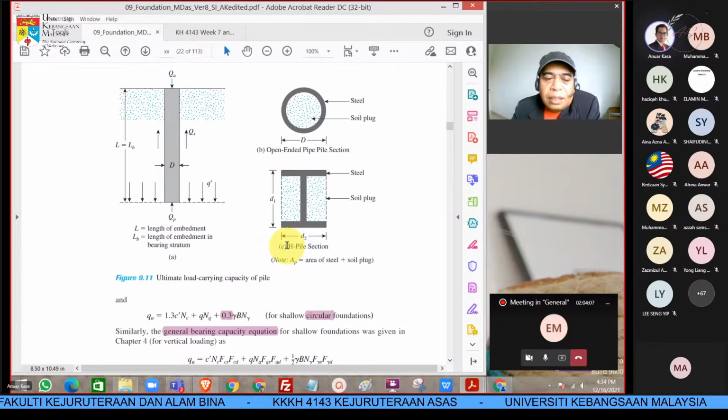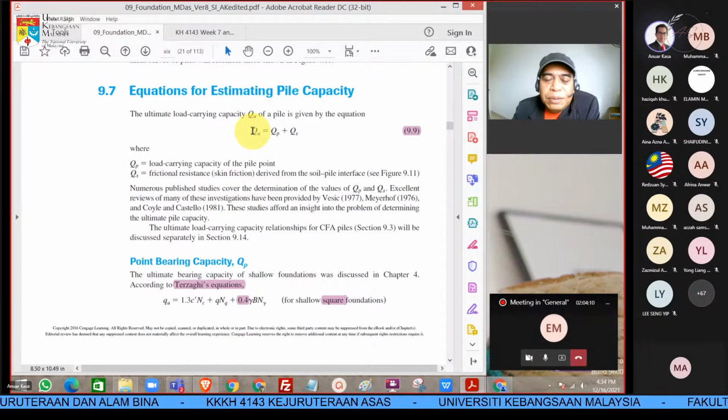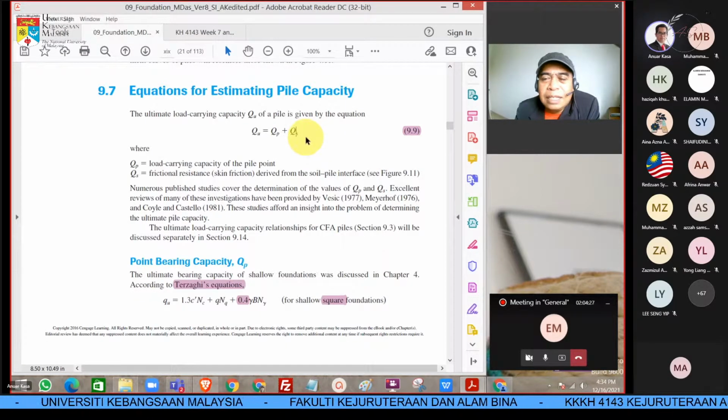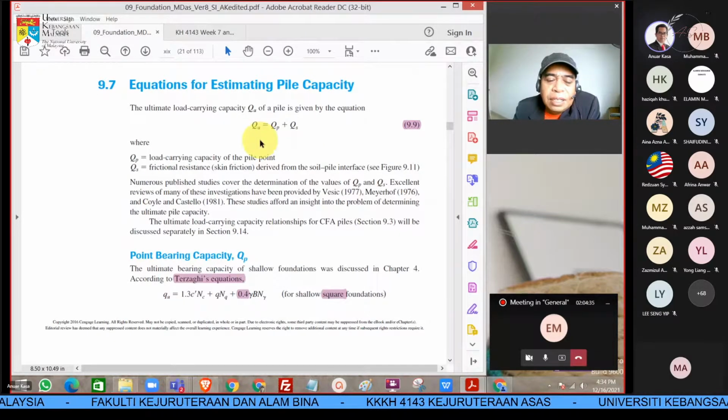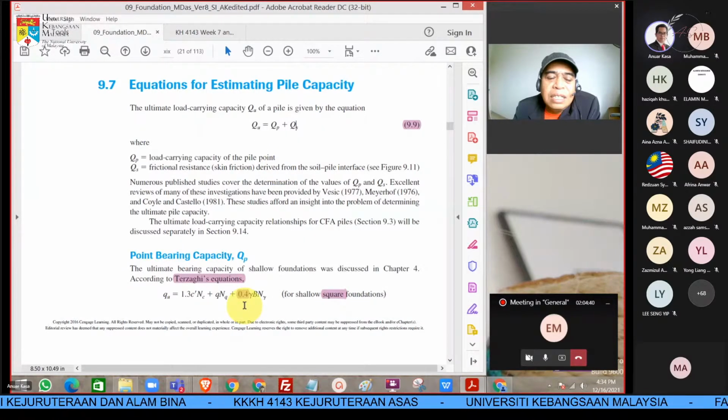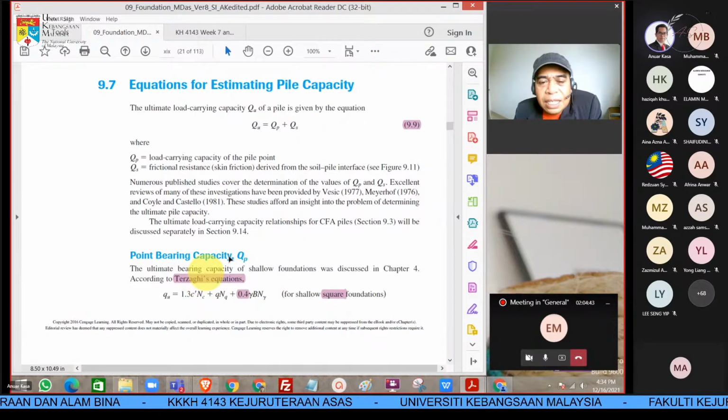Okay, if you get this idea: the ultimate load of a pile equals the load at the point or the end of the pile plus the load we obtain from the skin friction, the circumference of the pile. So these equations are very important. For the point bearing capacity, QP here, we can use the Terzaghi equation also.